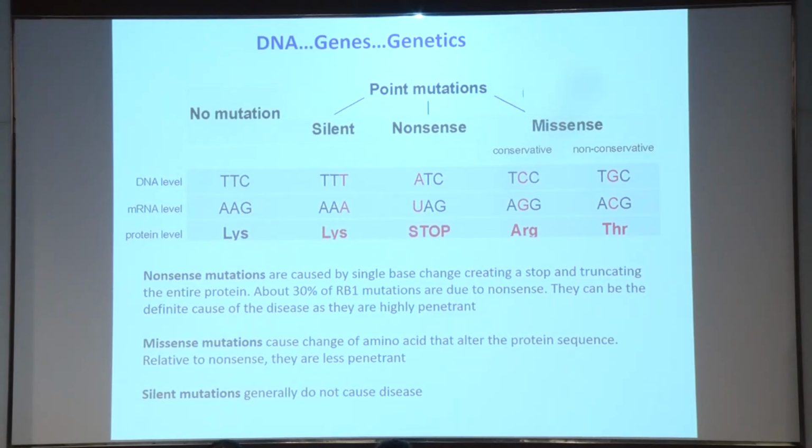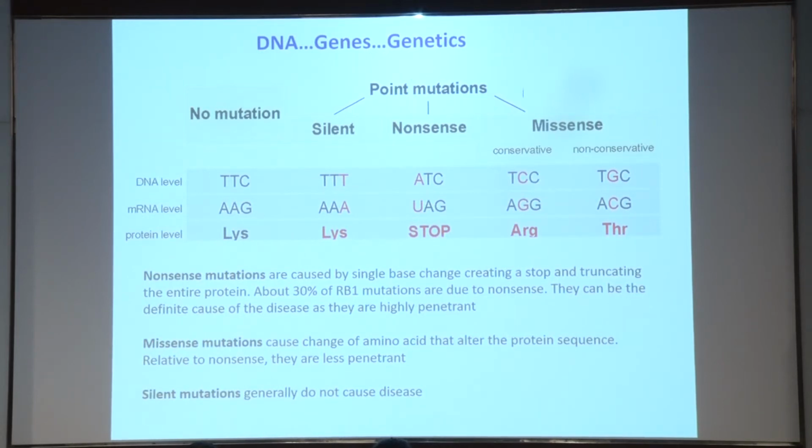Now, missense mutations cause a change of an amino acid that can alter the protein sequence, and when you compare it with the nonsense, the missense is slightly less penetrant. So there is a role for penetrance.